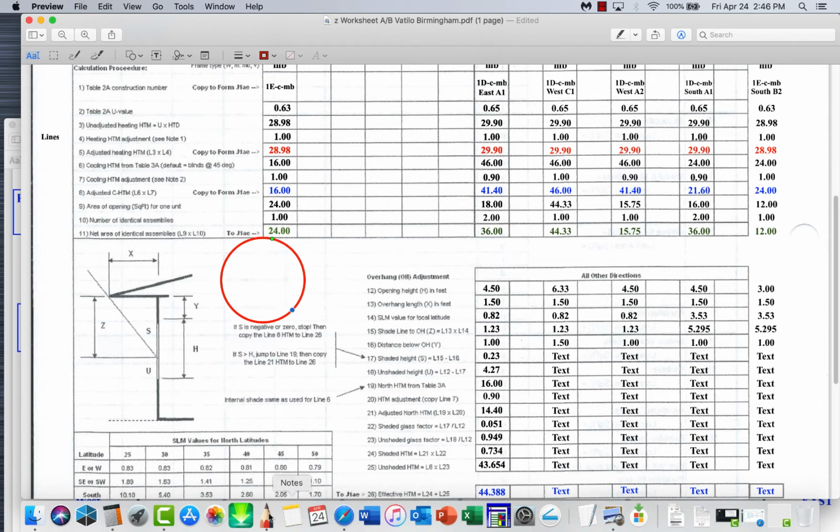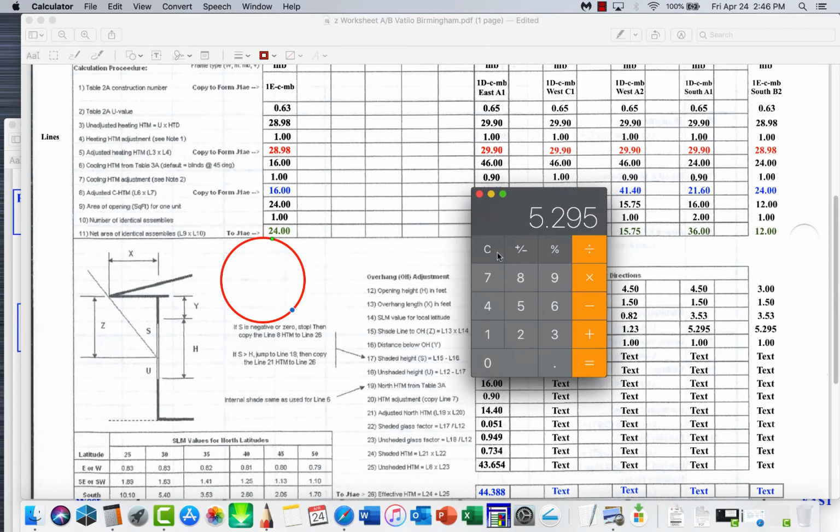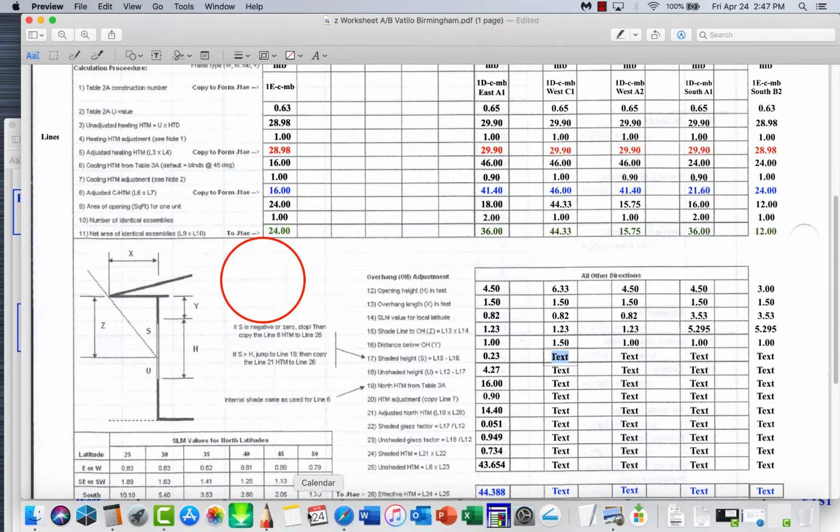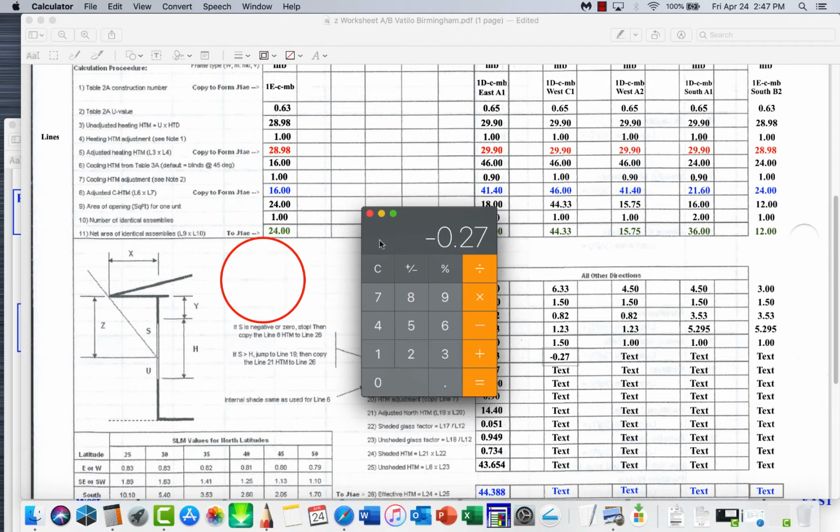So 1.23 minus 1.50 gives us negative 0.27. Okay, there you go, negative 0.27.